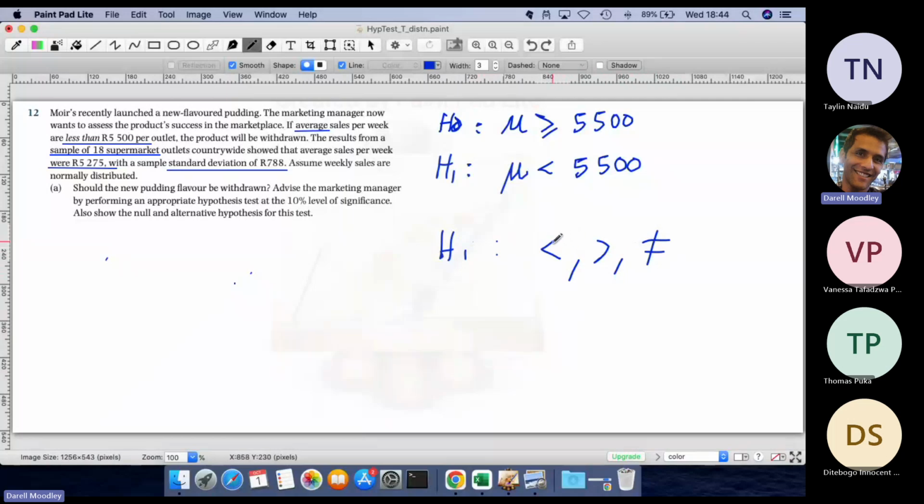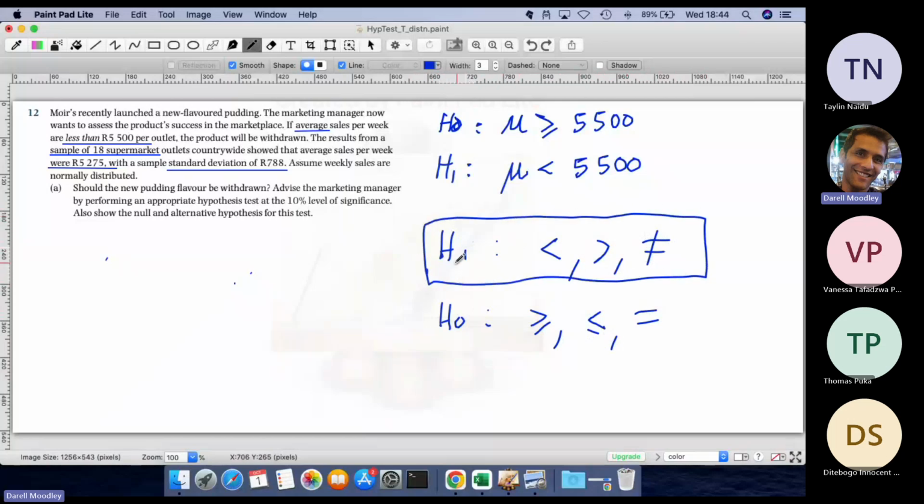So H1 can only take these symbols, the strictly less than, strictly greater than, or the not equals to, which means H naught will always take the opposites. In other words, H naught will take the greater than or equals to, or the less than or equals to, or the equals. Please remember that. That's the rule. H1 always takes the strictly less than, strictly greater than, or the not equals to.